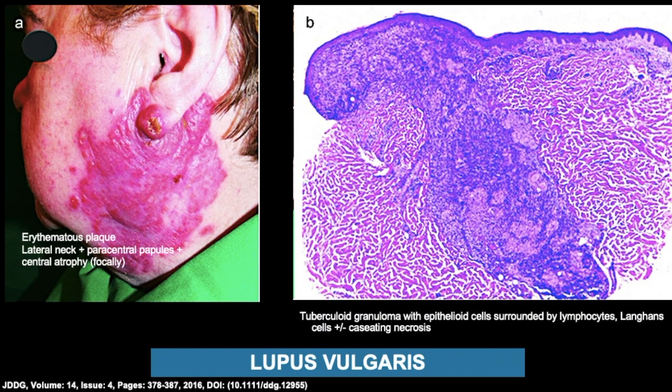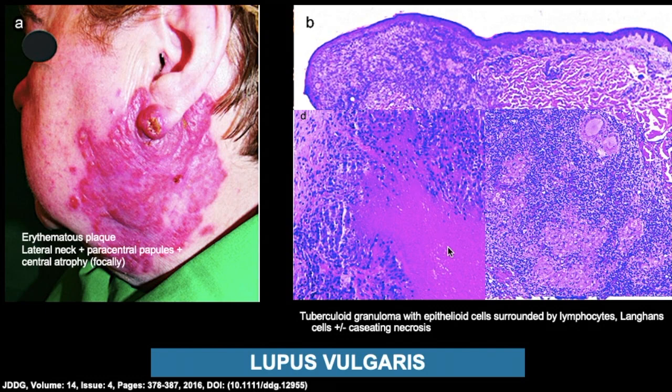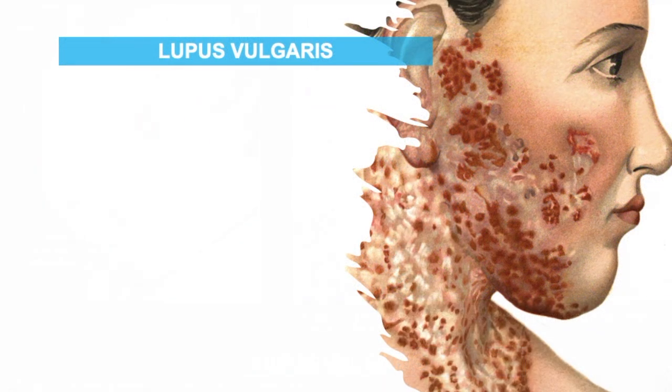For LV, or lupus vulgaris, the unique clinical picture is an erythematous plaque on the lateral neck with satellite-like lesions with central scarring. If you do a biopsy, you will see granuloma formation with horseshoe-like giant cells. If available, you can see central necrosis that will help you to think about TB, and you can order further testing.